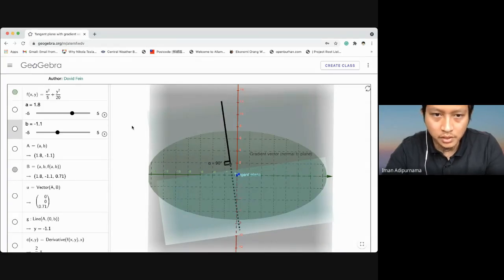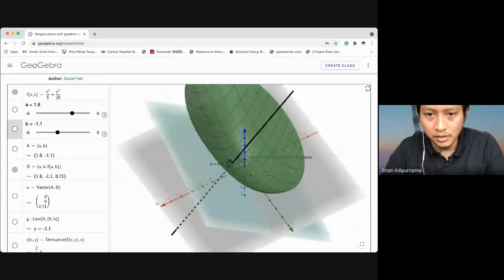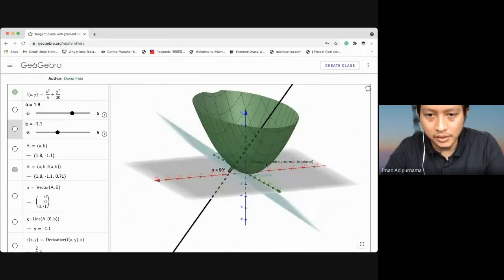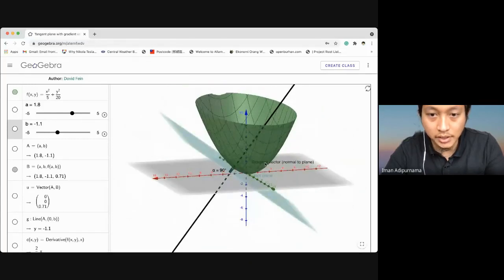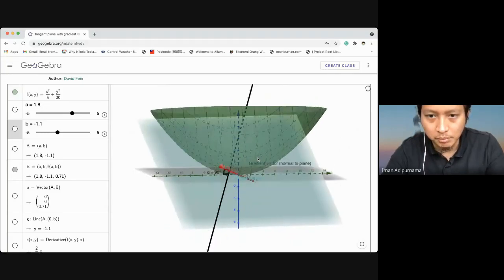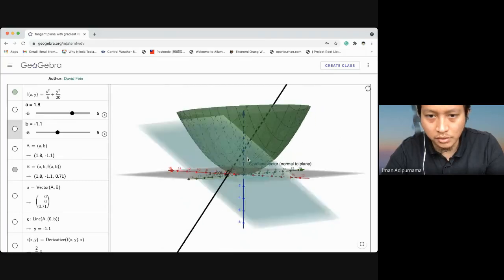If you are seeing this plane, we can cut this plane, and it has two lines. The first line will be the partial x, and the other line will be the partial y. I will show you later in the picture, but it needs to be looking like this.